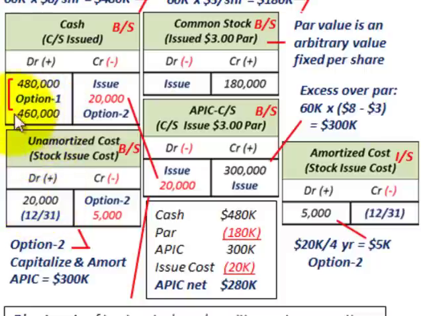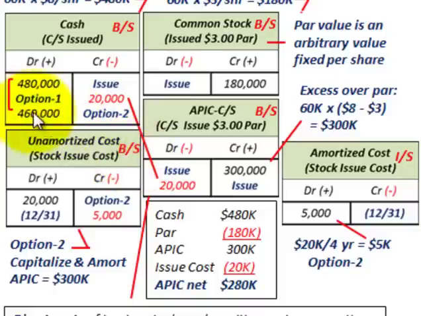So we had our cash account at $460,000 plus the $20,000 debited to our unamortized cost for stock issue costs, for a total amount of $480,000. That balances with our common stock par value of $180,000 plus the credit to our additional paid-in capital of $300,000. So in option two, we did not reduce our additional paid-in capital.